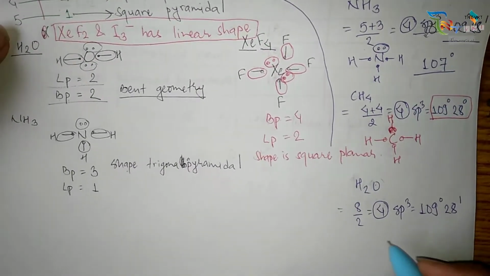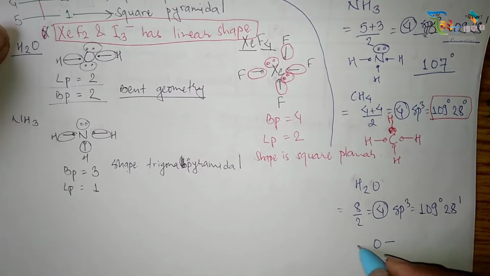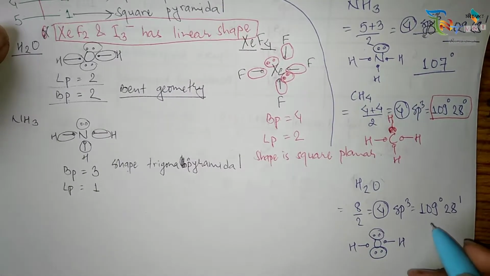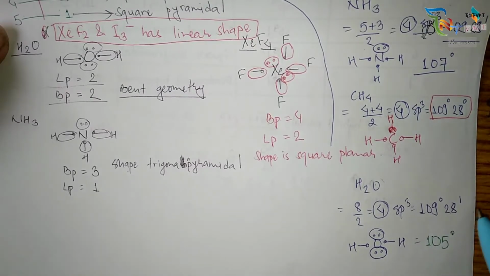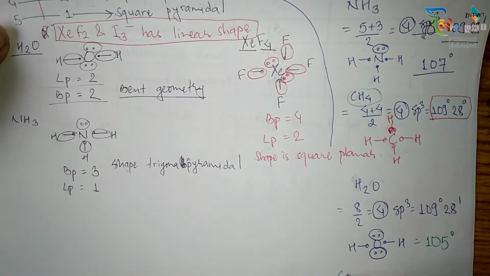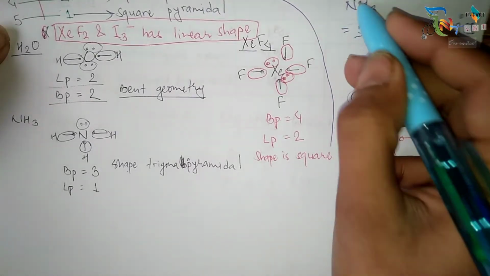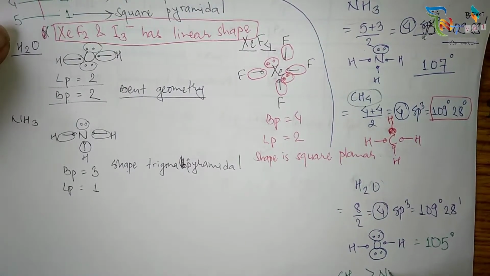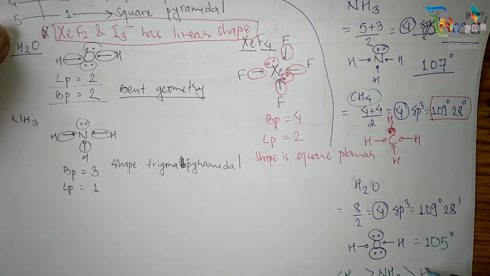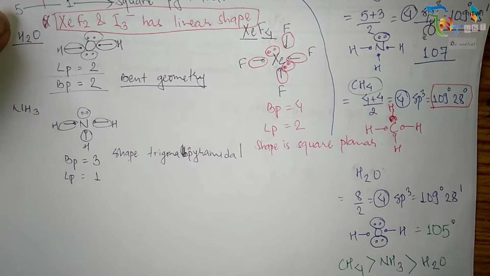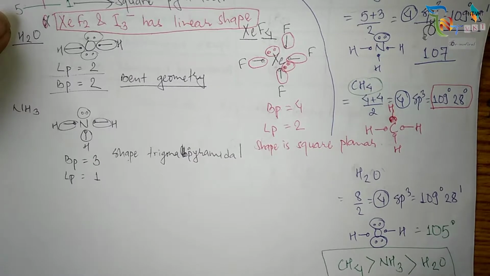But oxygen has lone pairs: 1 2 3 4 5 6 electrons, so 2 lone pairs. 2 lone pairs means a decrease of 4 degrees. It will be about 105 degrees. So the maximum bond angle is in CH4, then NH3, and finally H2O. This is the required bond angle order.